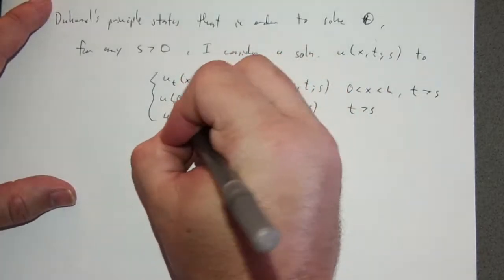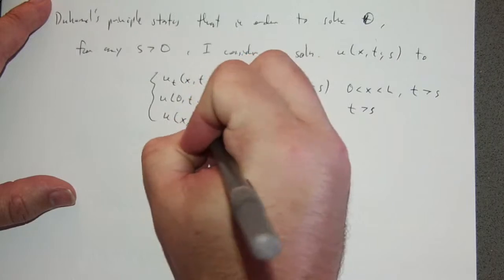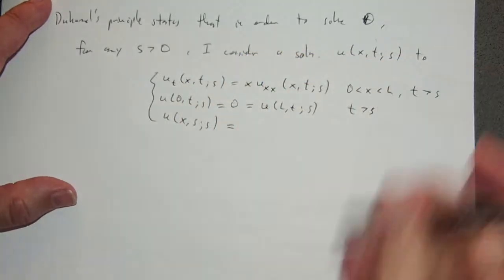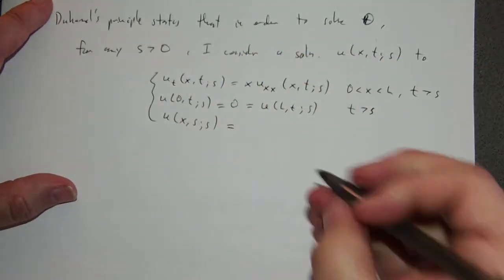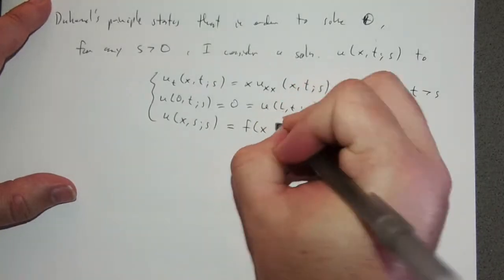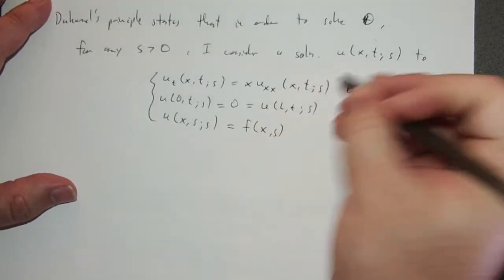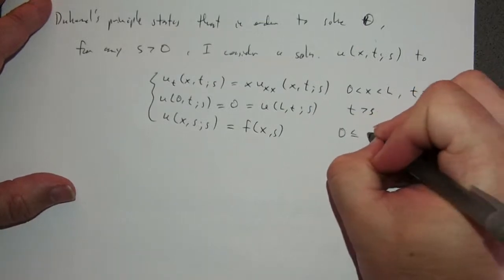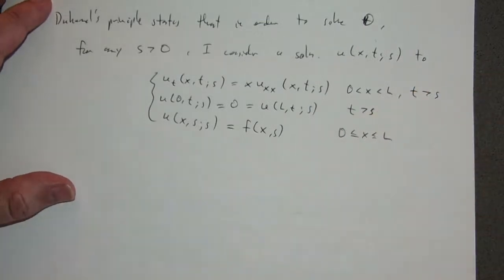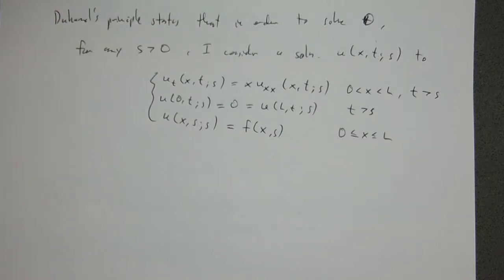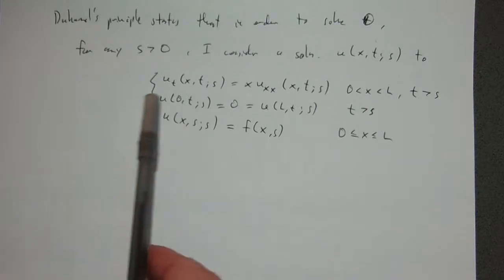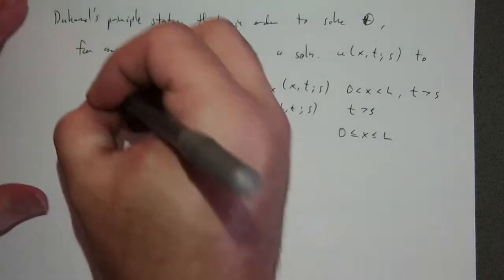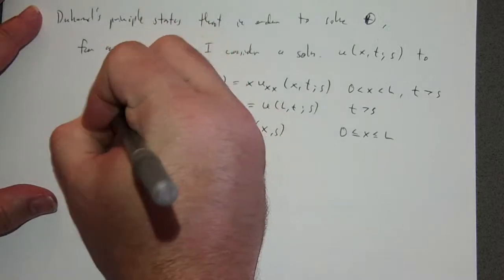So the initial condition u of x, s, s is now given by the source term, f of x, s, for x everywhere on my interval. So I consider a solution to this. Maybe I'll call this smiley face.